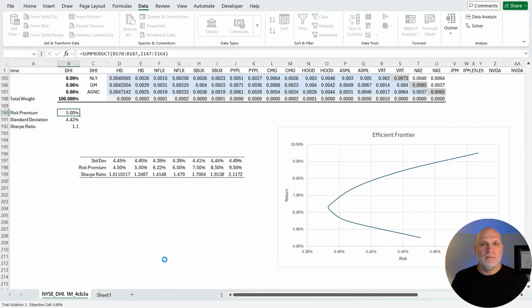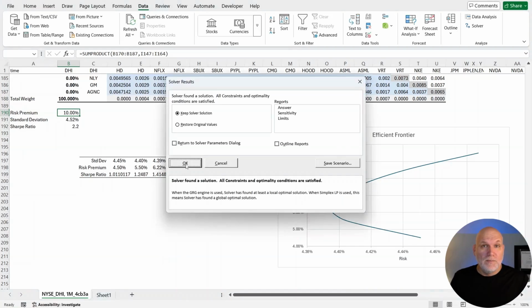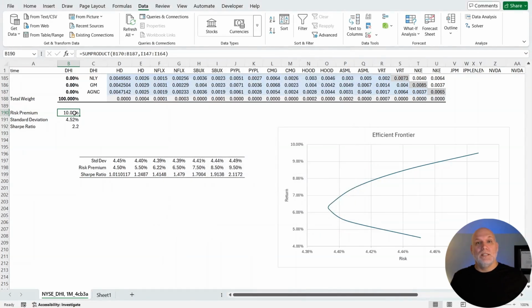Solve this. Now look. So I'm going to get my 10% return above the 10-year rate, but my standard deviation, my risk goes up to 4.52. And that is this spot over here. Look at this. I'm taking on a whole lot more risk for a 10% return.